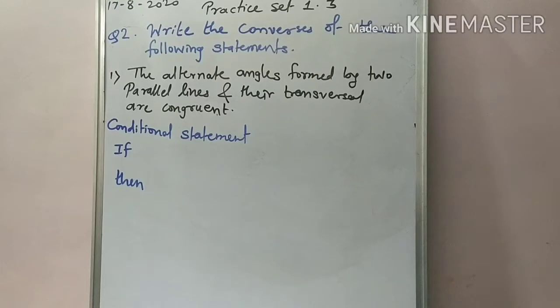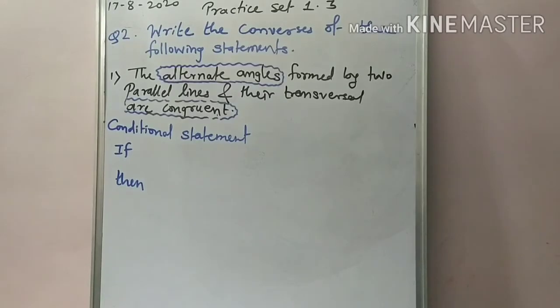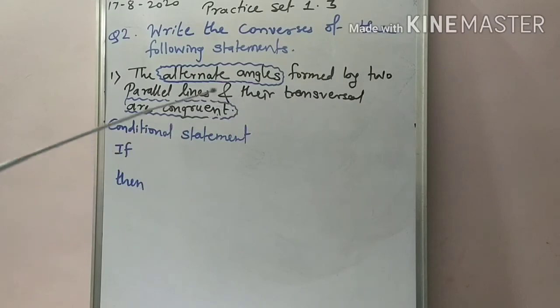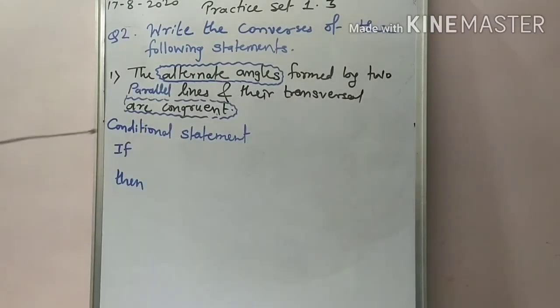According to that statement, I ask one question: what are congruent? The answer is alternate angles are congruent. And when are alternate angles congruent? When the alternate angles are formed by two parallel lines and their transversal.